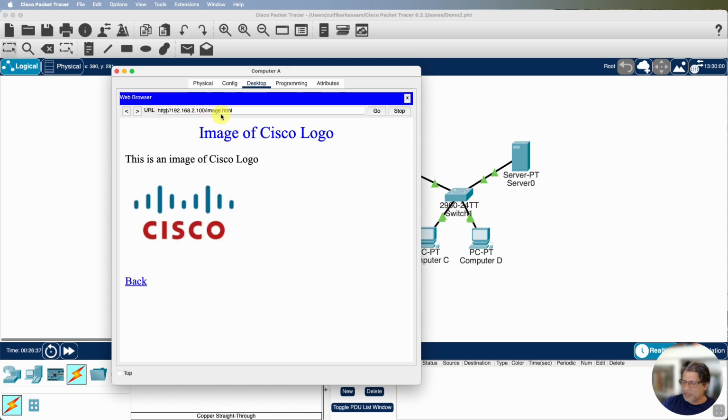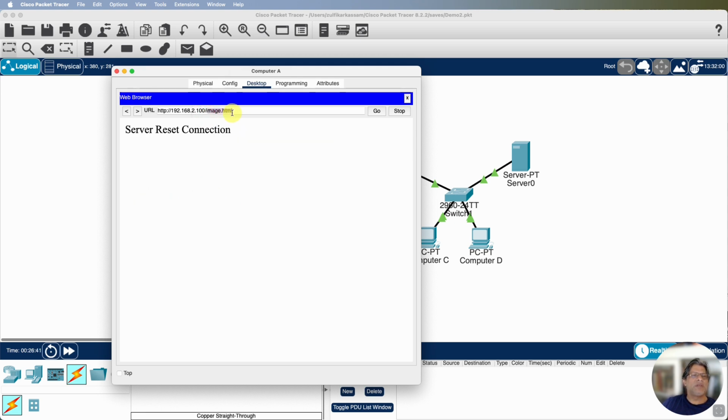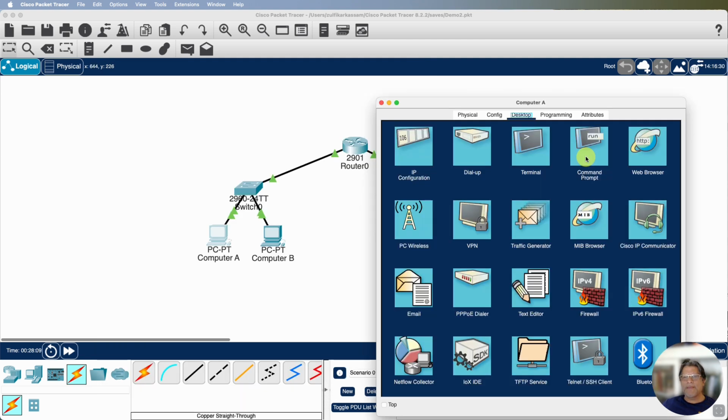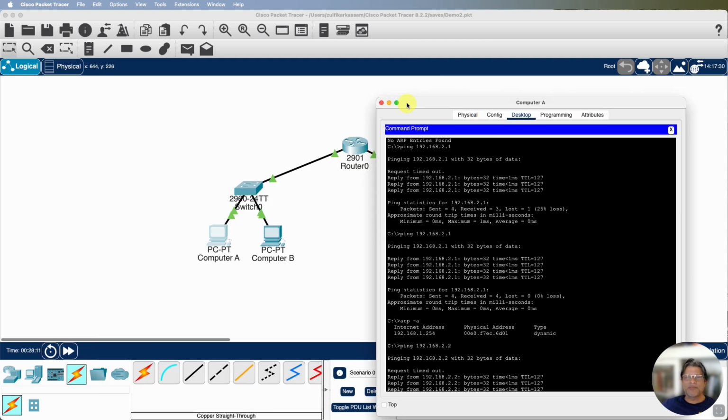And how about we try HTTP? It shouldn't be working, so it doesn't go anywhere. It says server reset connection. You can see that the server has reset the connection when we try using HTTP now, because that's shut down.